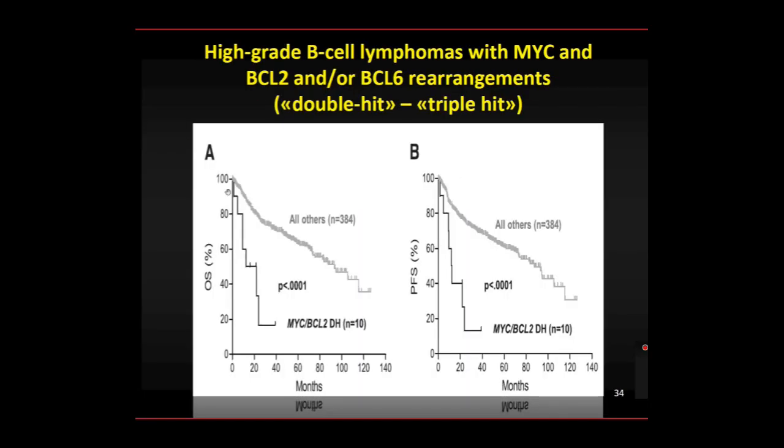Those are survival curves for the general population of diffuse large B-cell lymphoma and double-hit lymphomas, particularly the MYC BCL2. They have a particularly bad prognosis. Once again, MYC promotes a huge proliferation. BCL2 doesn't allow cells to undergo apoptosis. Patient will die shortly. This is the message.